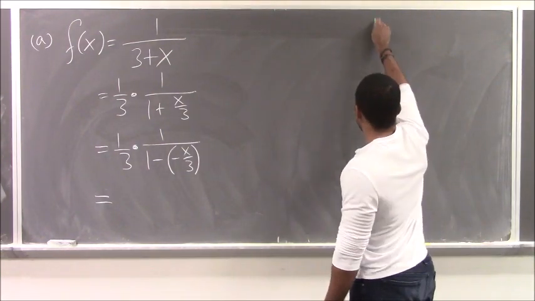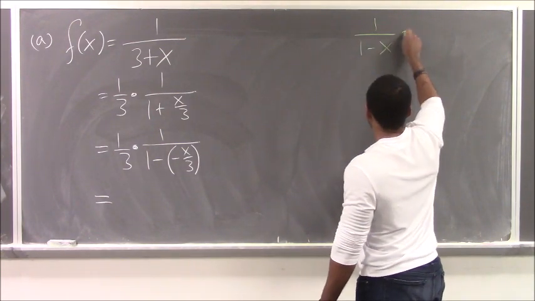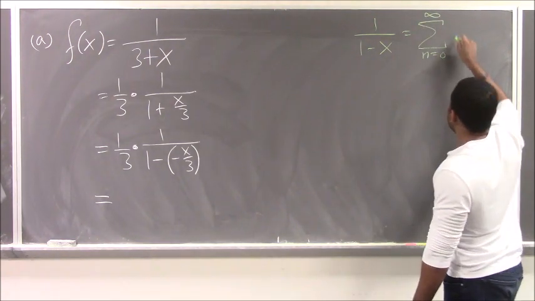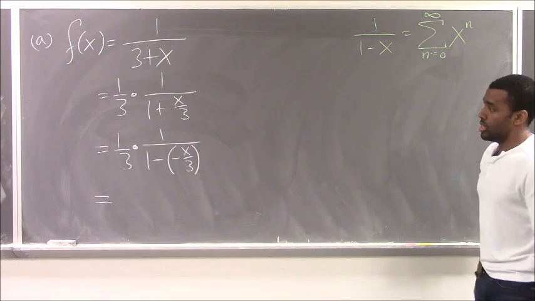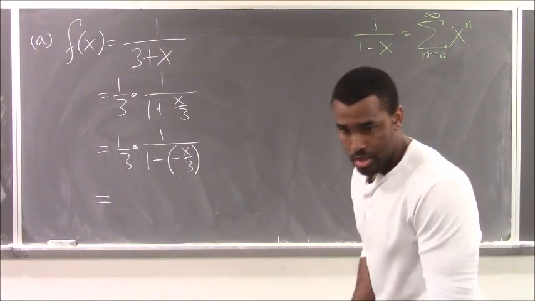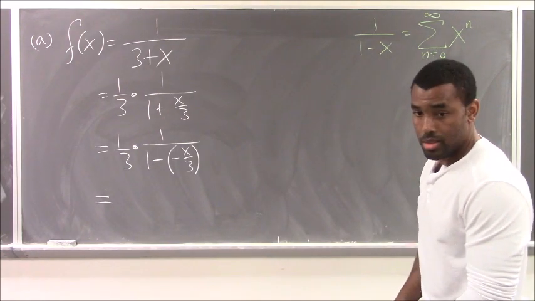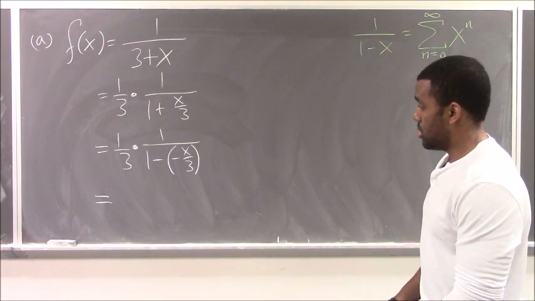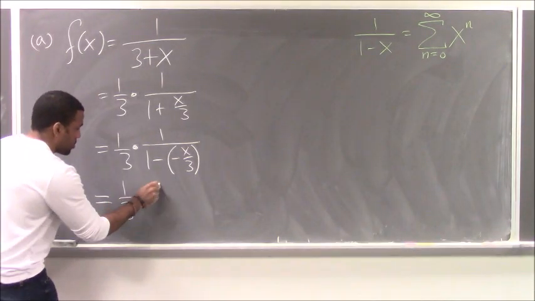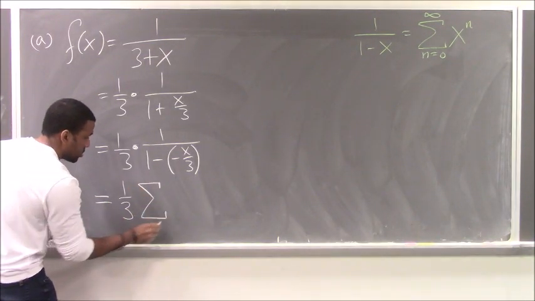Because we know about 1 over 1 minus x, that's going to give us the series n goes from 0 to infinity of x to the n. A third times the series of -x over 3 quantity to the power of n from 0 to infinity.